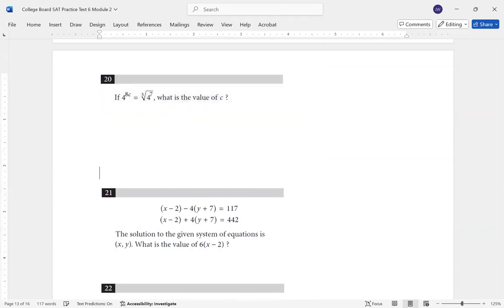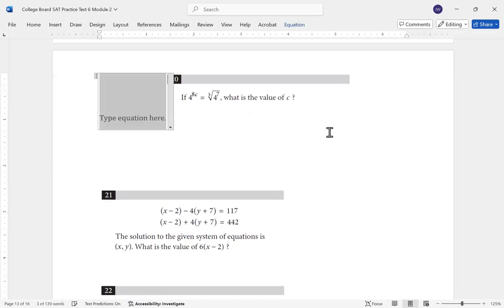Question 20. If 4 raised to the 8c power is equal to the third root of 4 raised to the 7th power, what is the value of c?